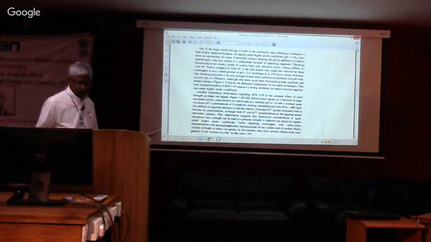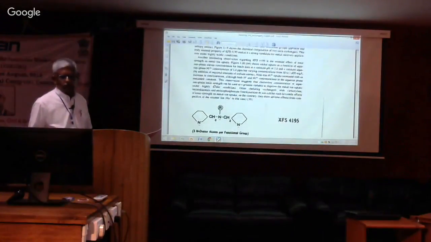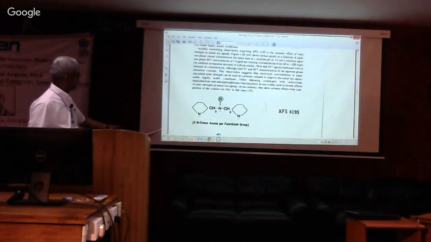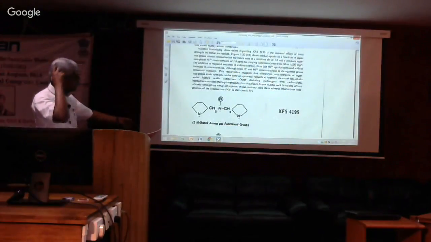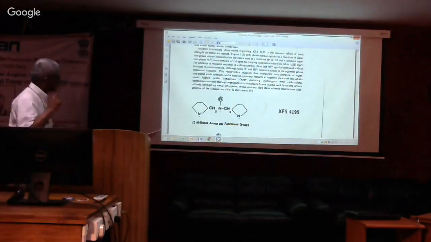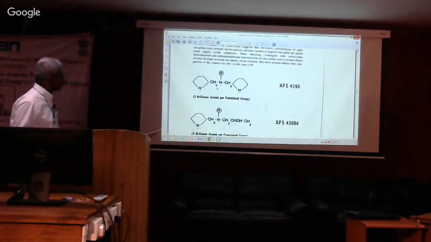Okay? And the two that come to mind are these compounds. This is called Dow 3N or Dow XFS 4195, three nitrogen donor atoms, and the other one is Dow 2N, which is two donor atoms, 43084.